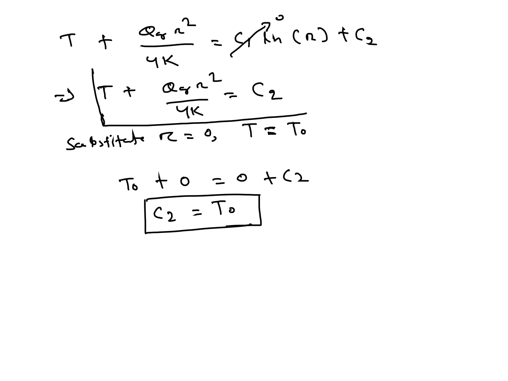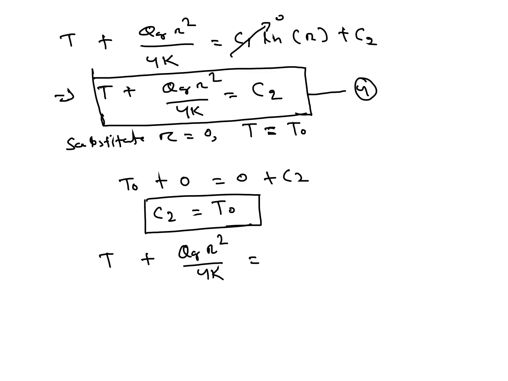This is equation 4. C2 value put in equation 4, you will get T plus Qg r square by 4k equal to T0. This is equation 5.